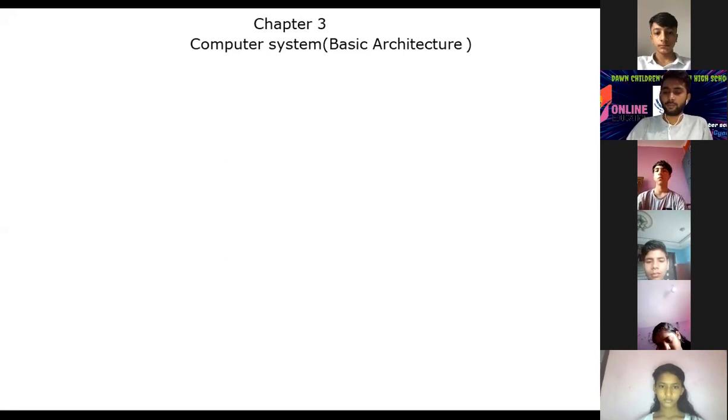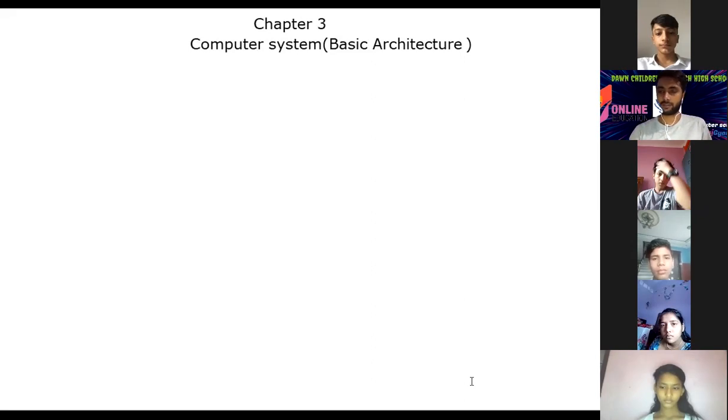We are giving input, we are getting output, but after giving input and before getting output, what is happening inside, we don't know. Yes or no? In the last class, I explained this. We all know that there is input, there is process, then there is storage, there is output.